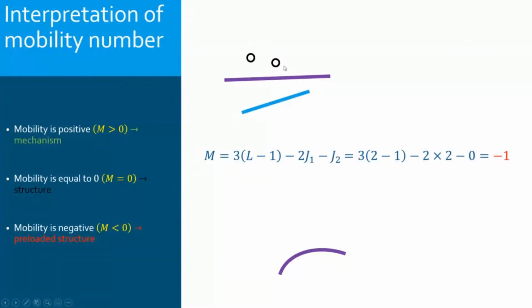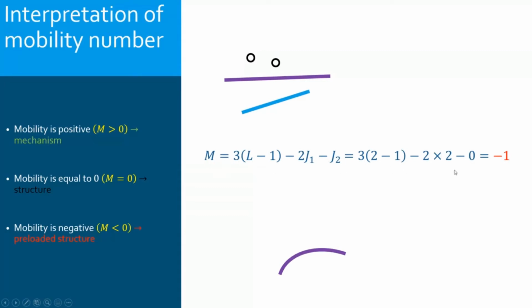I have two bars, so two links, so L is equal to 2. I have two pin joints, two lower pairs, so J1 will also be 2. I don't have cams or gears, so I don't have any contact between cams or gears here. So J2 will be 0.